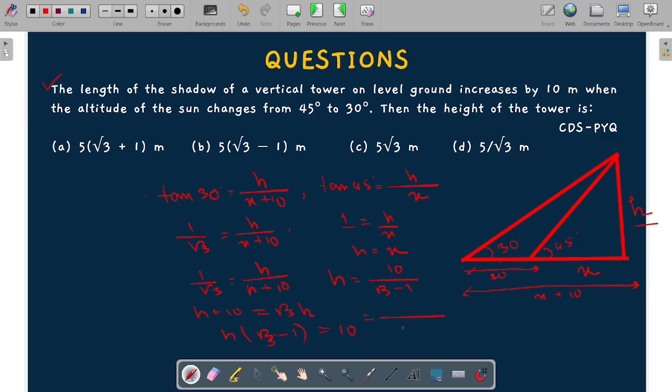So below it will be 3 minus 1 and above 10 root 3 plus 1. This will be 2, so 5 root 3 plus 1, option number A.